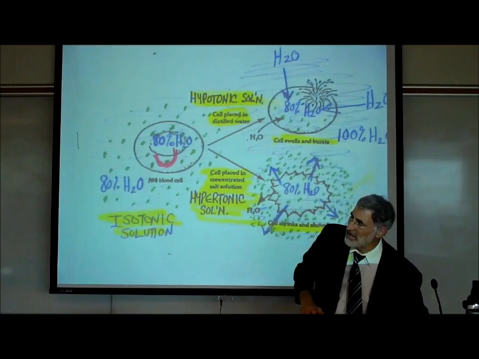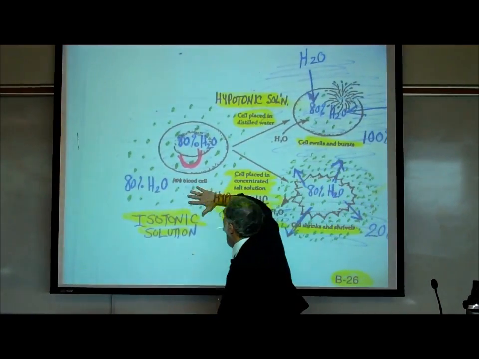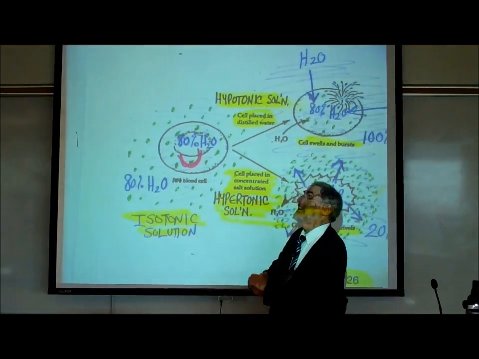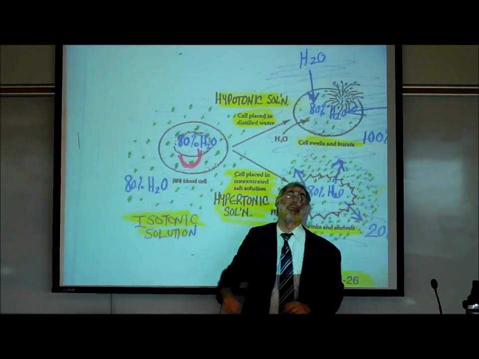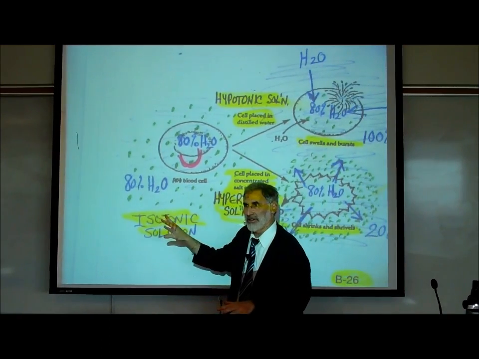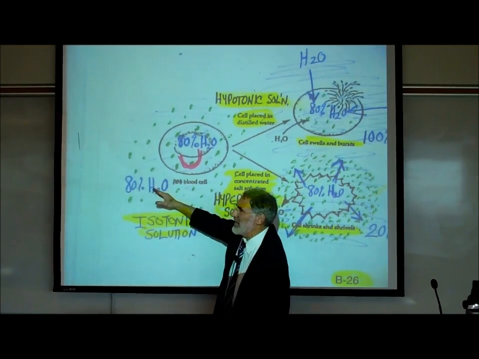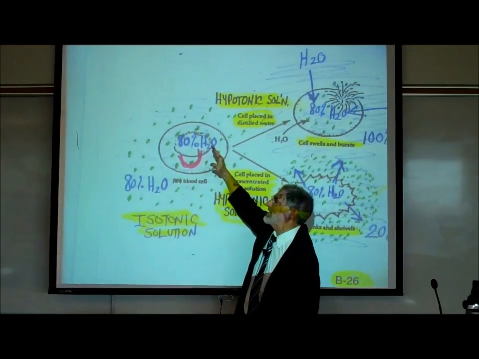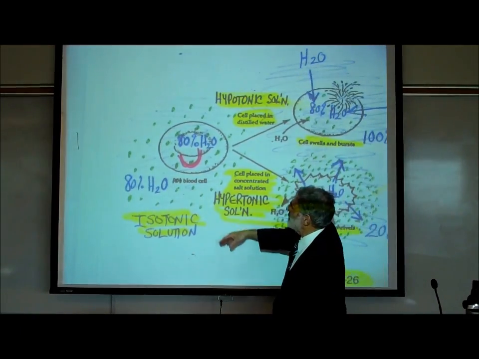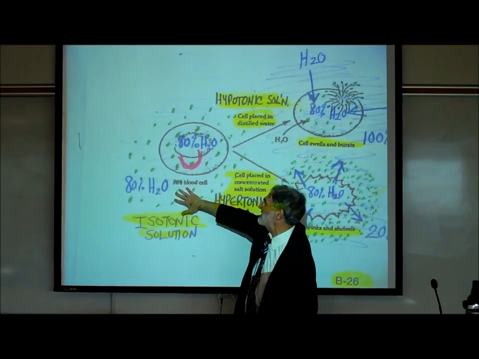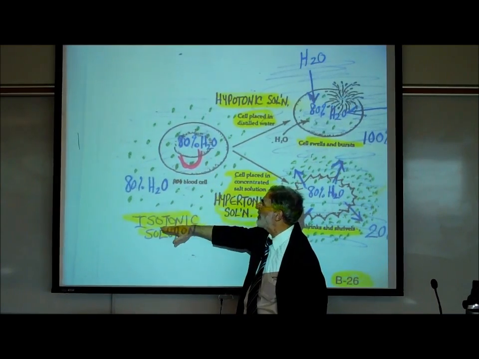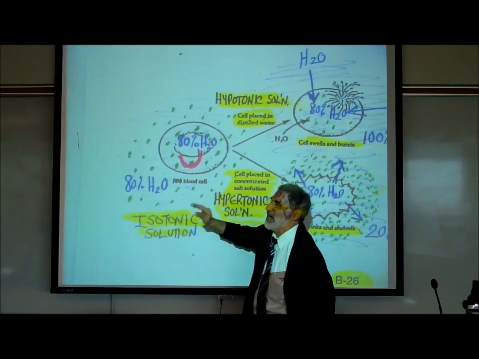Now, if the extracellular fluid, the fluid on the outside of the cell, is also 80% water and 20% other stuff, then the concentration of water on the outside of the cell is the same as the concentration of water on the inside. So if they are the same, we call this fluid on the outside isotonic.